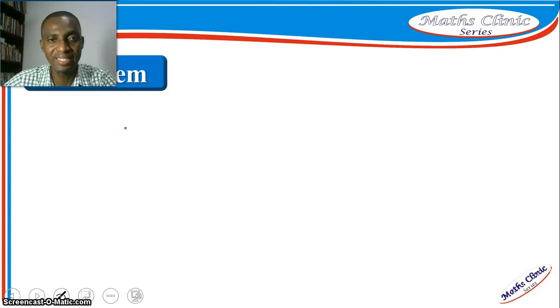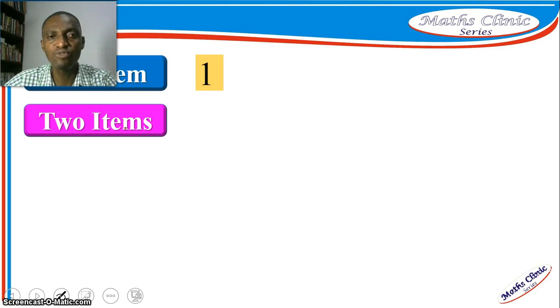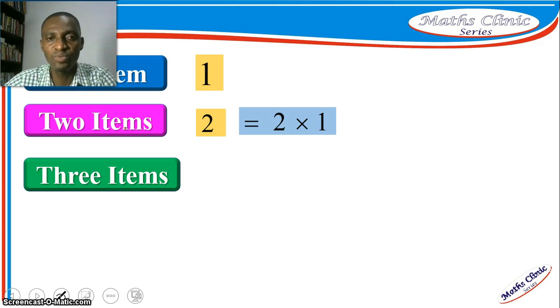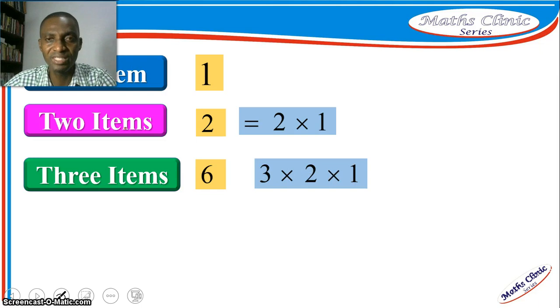When we had one item, we saw only one way of doing it. If I have two items, we saw that we had 2 ways, and 2 can be written as 2 times 1. If I have 3 items, we saw 6 ways, and I can write 6 as 3 times 2 times 1. I want to create a pattern for you to observe.